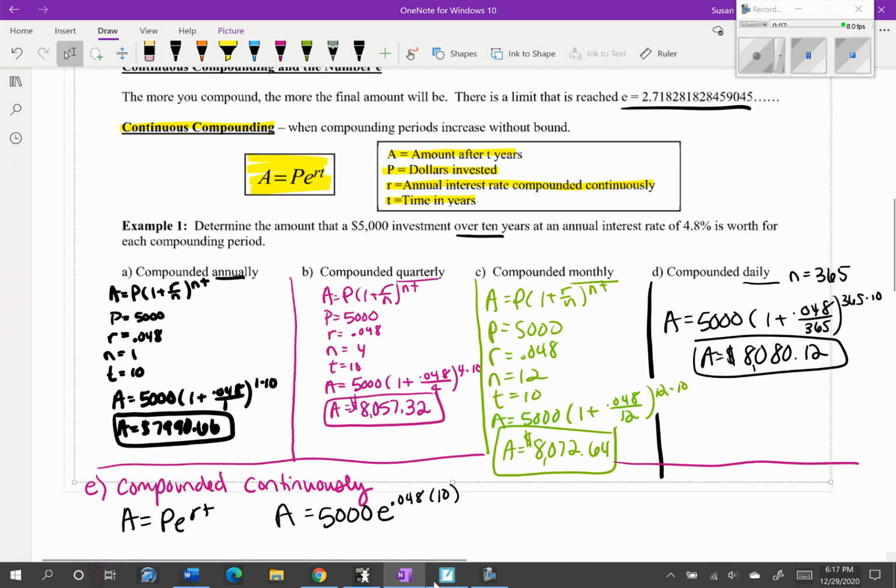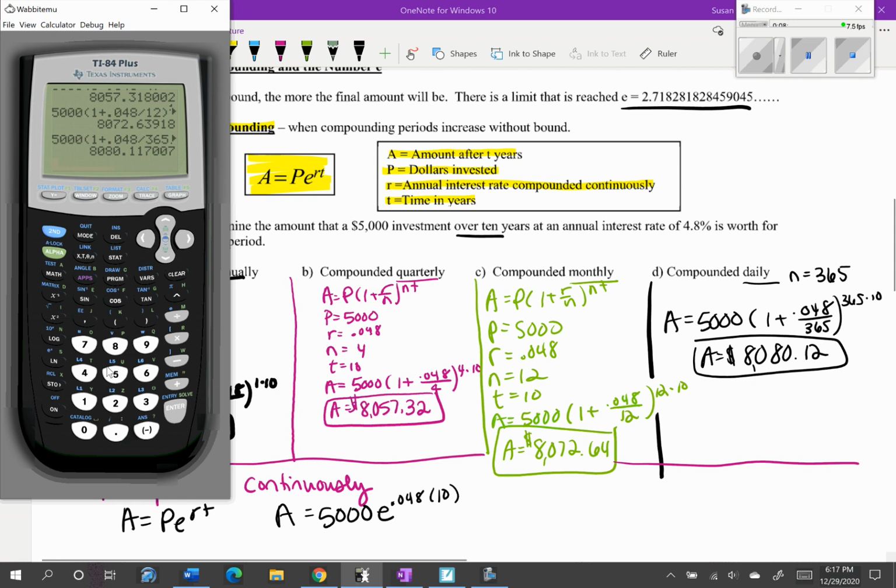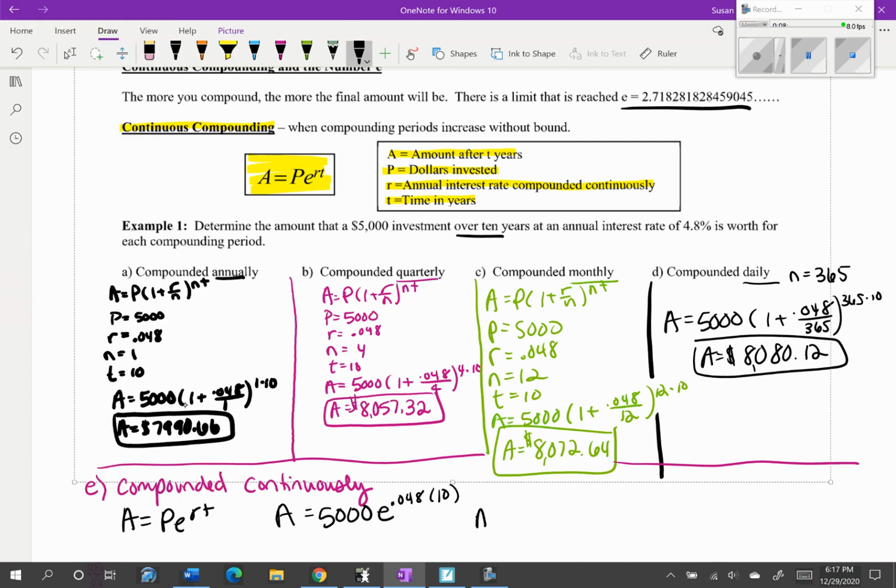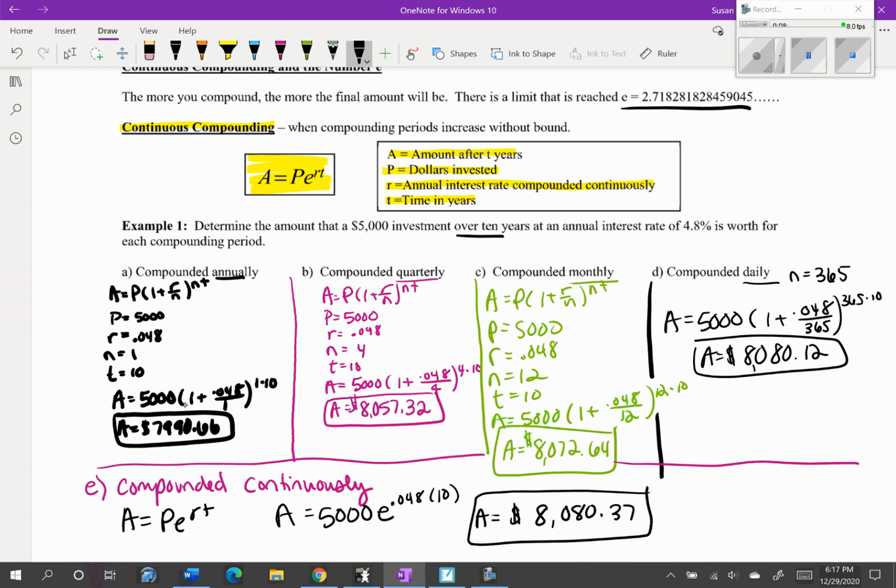So if we're compounding continuously and we plug this in, we would get 5,000 times E to the 0.048 times 10, which gives us $8,080.37. Which makes sense that it's a little bit more than when we compounded daily, because again, the more you compound something, the more you should have in your account in this case.